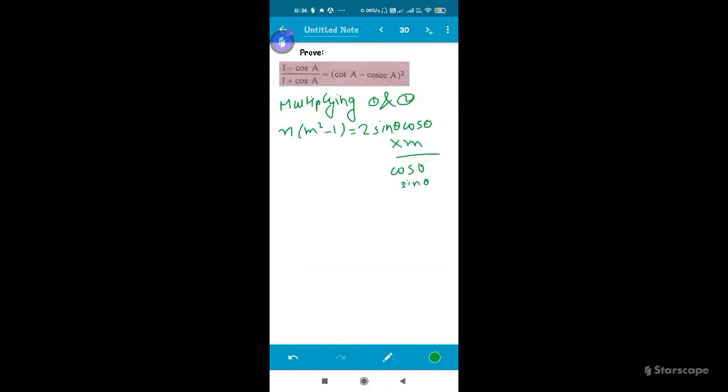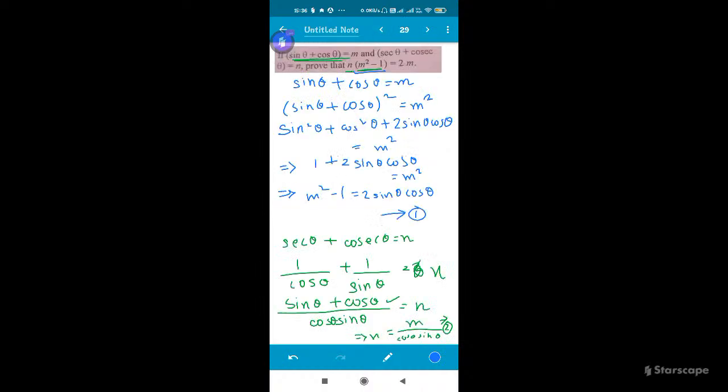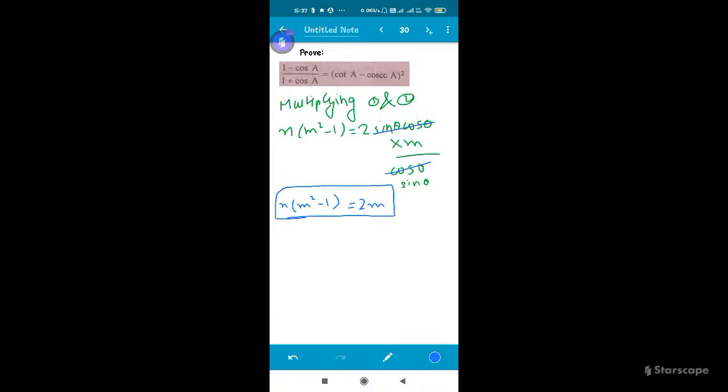Alright. So we can cancel this cos theta sine theta. So we are left with n into m square minus 1 is equal to 2m. So this is what they asked in the right hand side. Yes. So this is how you can solve it.